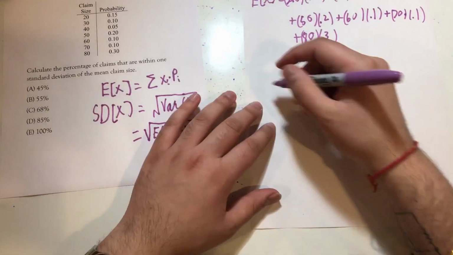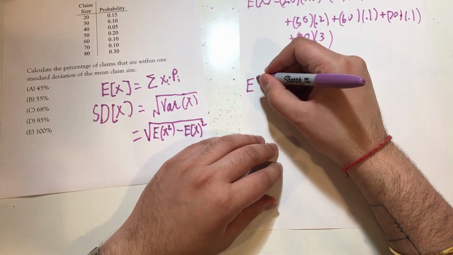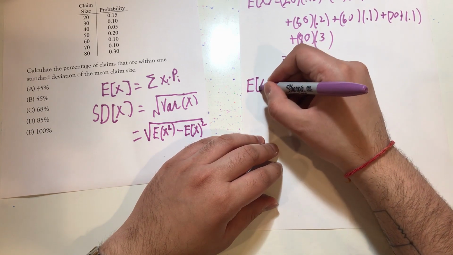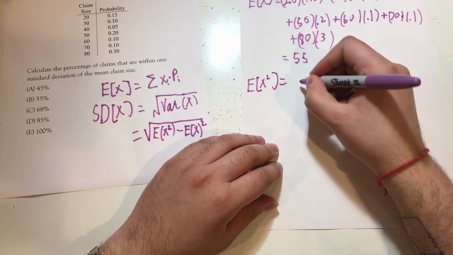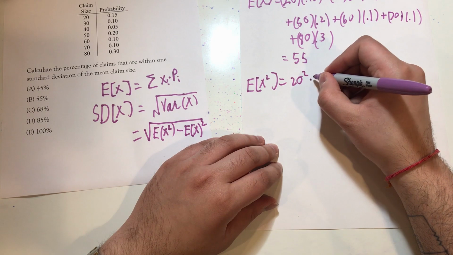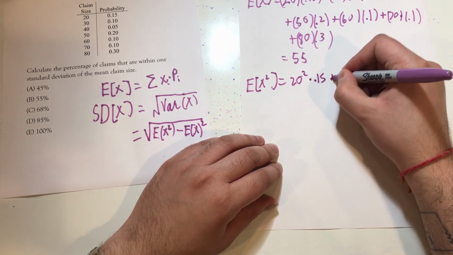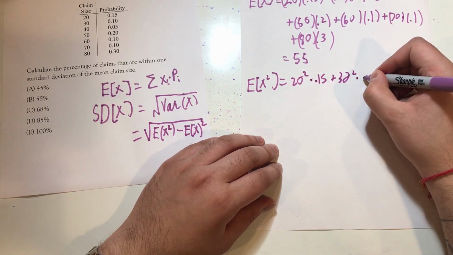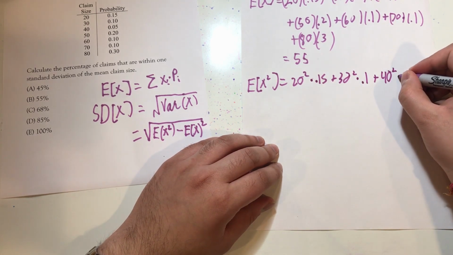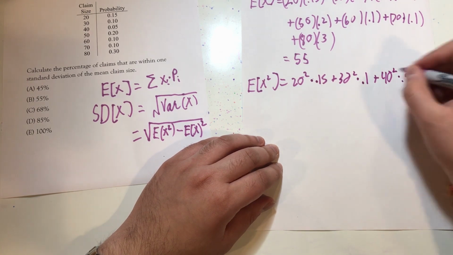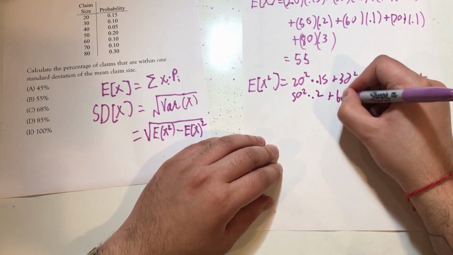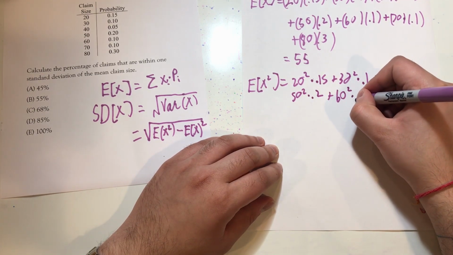So I'll just have to set up a new equation, and that's going to be another little bit on the calculator. The expected value of x squared is equal to 20 squared, once again times 0.15, plus 30 squared times 0.1, plus 40 squared times 0.05, plus 50 squared times 0.2, plus 60 squared times 0.1.